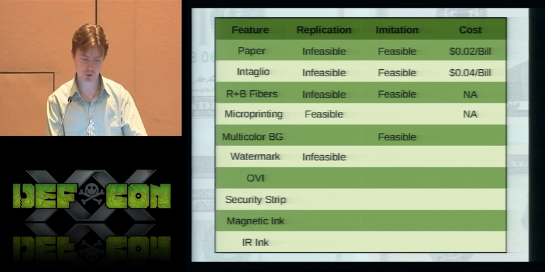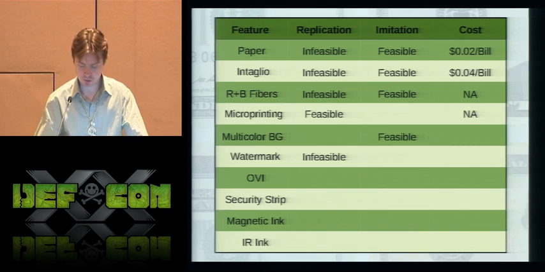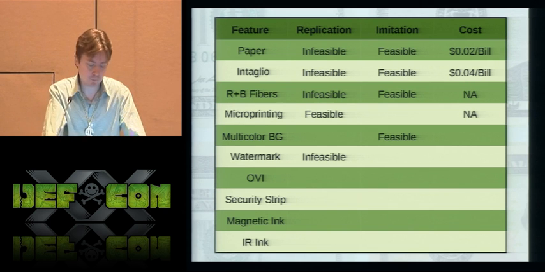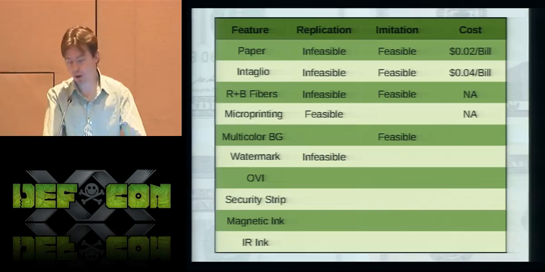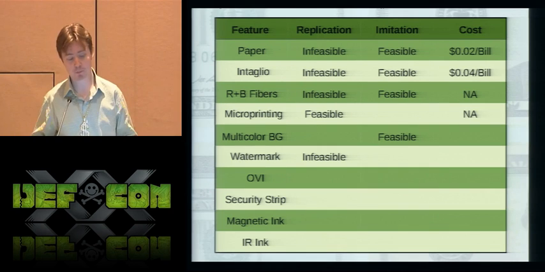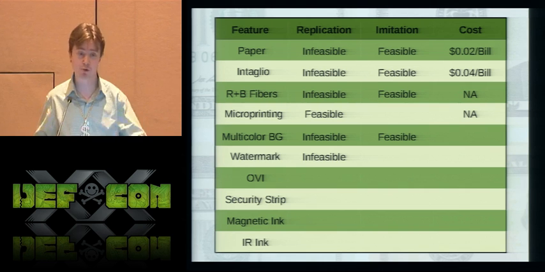This also includes the red and blue fibers and the microprinting. Now, the multicolor background is an imitation by the inkjet, because it's generally done by an offset printer. But counterfeits have shown that some are made with an offset print press, and some are not, and the ones that are not use an inkjet, so it's suitable to pass.